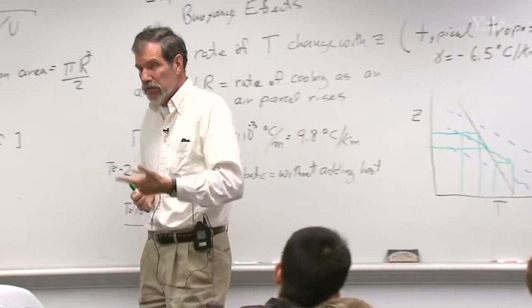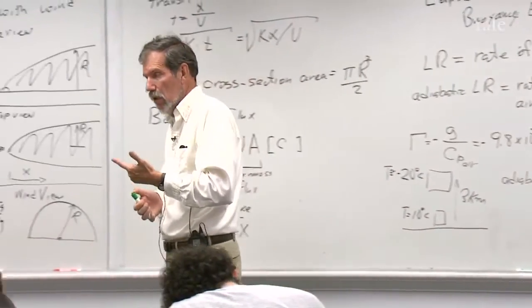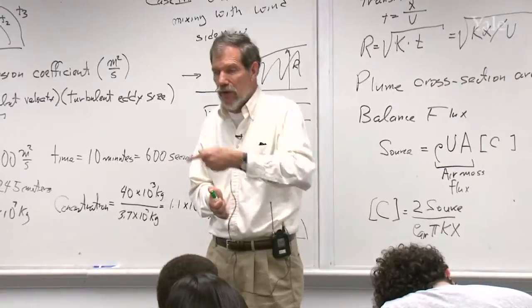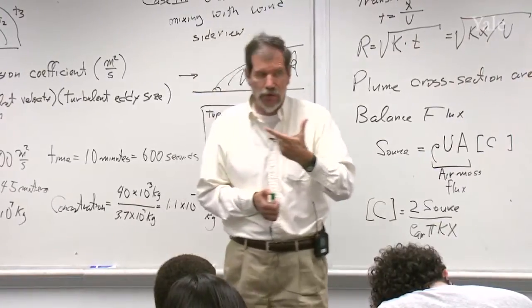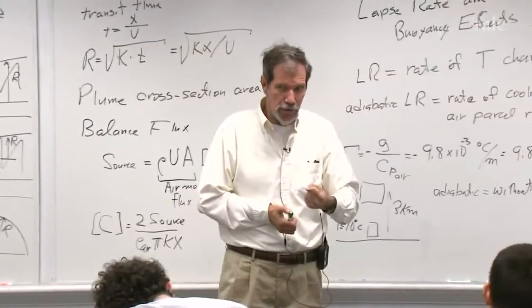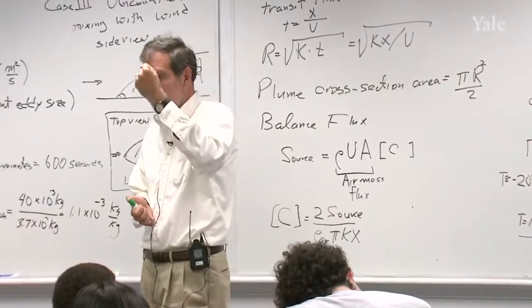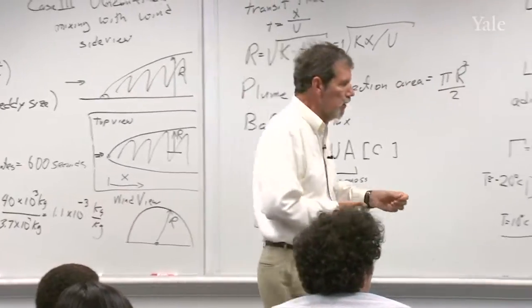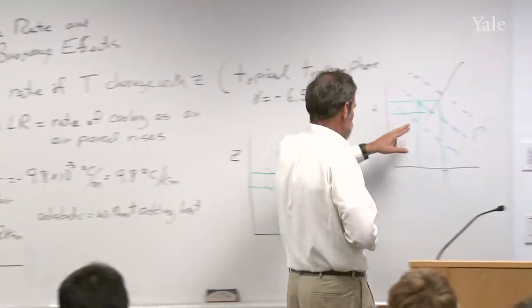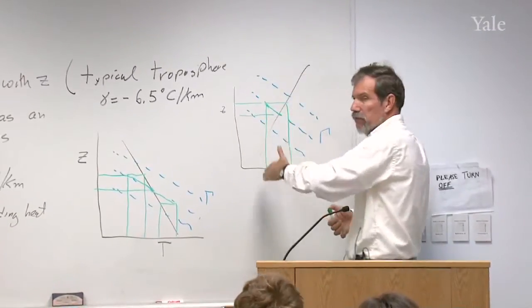This is a very stable environment where the parcel gets colder as you go up, the environment gets warmer, and so you develop these restoring forces, this tendency for the parcel to want to quickly go back to where it was, are amplified in this case because of the inversion.